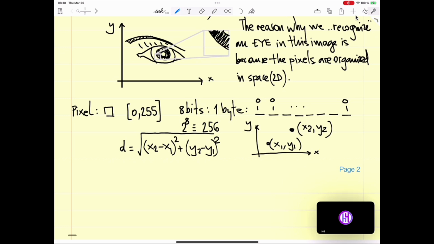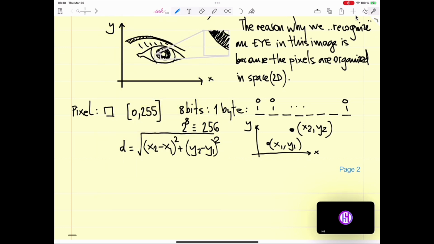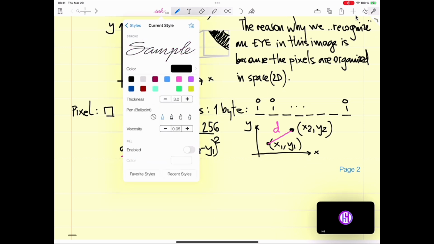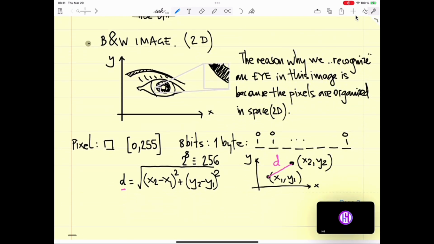So this is the distance between the two elements, between the two pixels. Because we can measure this distance, we say an image in black and white is two-dimensional.